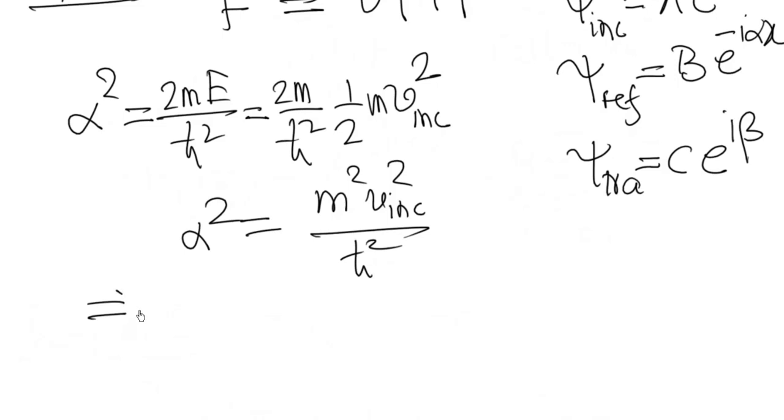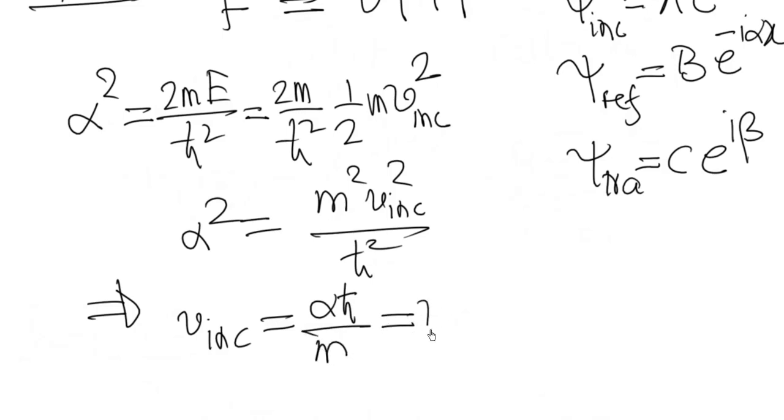From this we can find v incident equal to alpha h-cut by m, which is also the reflected velocity, because it is in region 1.